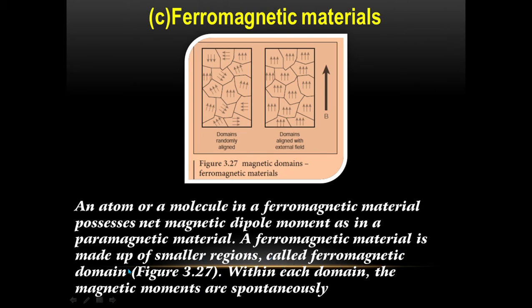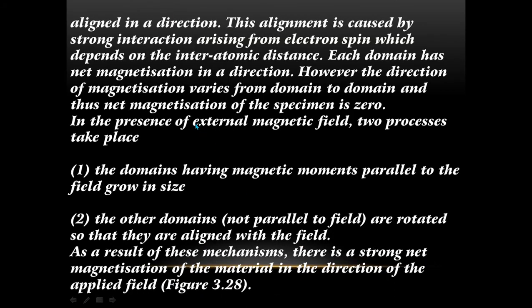Within each domain, the magnetic moments are spontaneously aligned in a direction. This alignment is caused by strong interaction arising from electron spin, which depends on the interatomic distance.